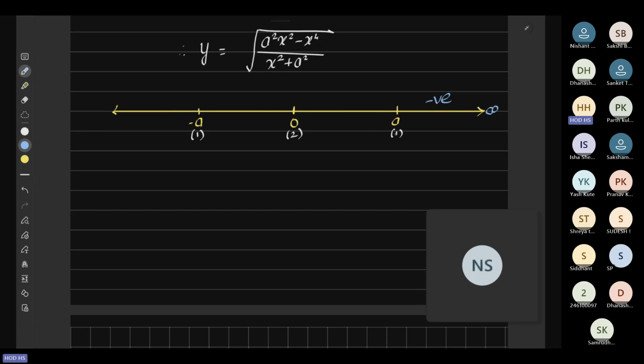Since we encounter an odd multiplicity point, in the next region the sign will be positive. We again encounter an even multiplicity point, so the sign will not change. And when we again encounter an odd multiplicity point, the sign will change.